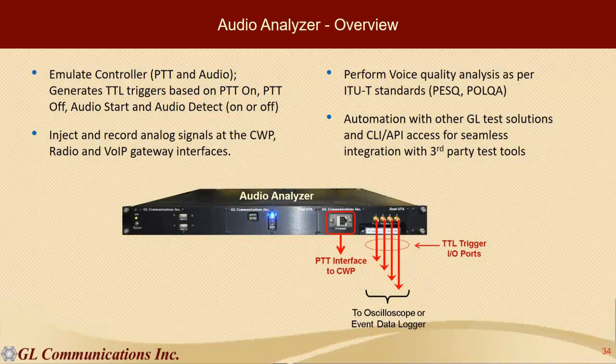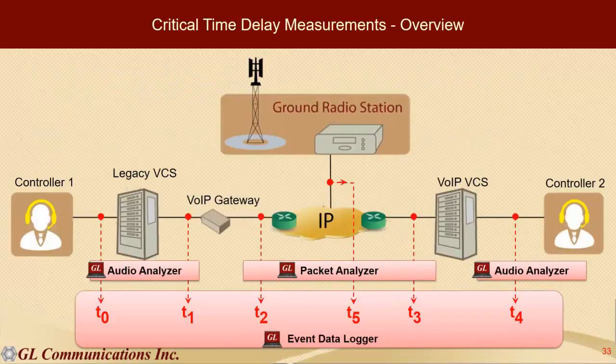It's been set up as well to play very nicely in an automation environment. So you can talk to this thing through a CLI or an API, and you can integrate it with third-party test tools. We've actually done that to some extent with the event data logger, because we're talking to all of these guys and at some interface getting the time. Okay.